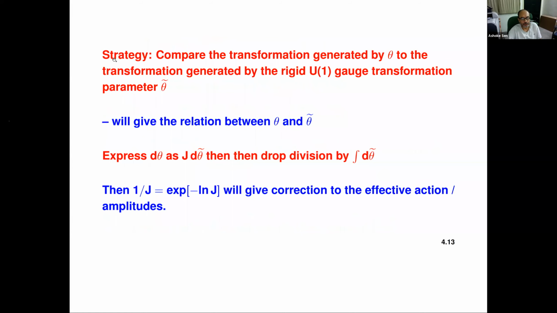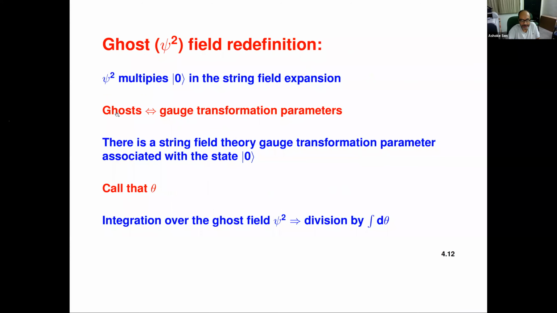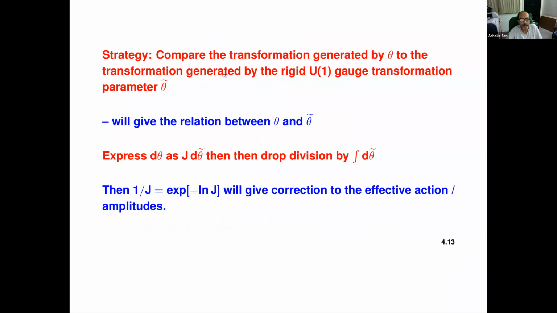The strategy we are going to follow: again, there is no ambiguity in the measure. We have to integrate over psi 2 without any extra factor, integral d psi 2, which means we have to divide by the integral d theta. There is no ambiguity in any measure factor here. But our strategy will be to compare the transformation generated by theta to the transformation generated by the rigid U1 gauge transformation parameter theta tilde.